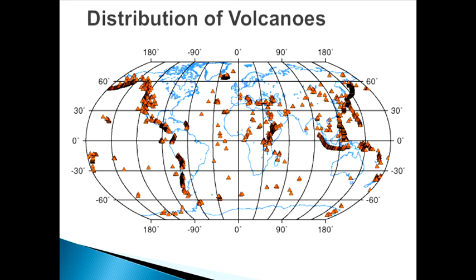And then next, the distribution of volcanoes. Now, this is a little bit different. These are volcanoes that we could see. And here, the more prominent feature is that they are encircling the Pacific Ocean. It's why the Pacific Ocean got the nickname the Ring of Fire, because of the so many volcanoes here.